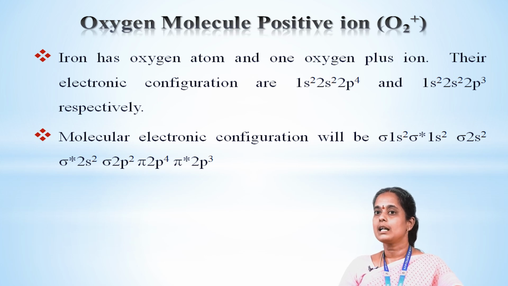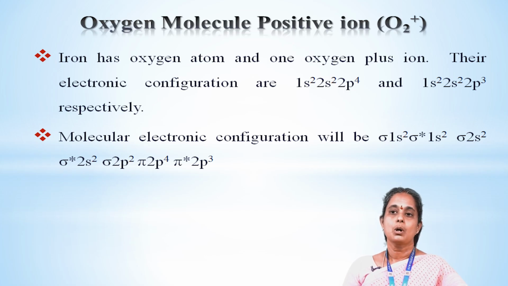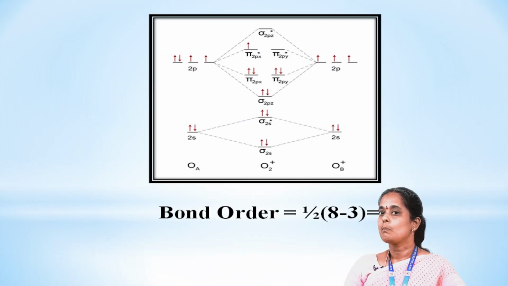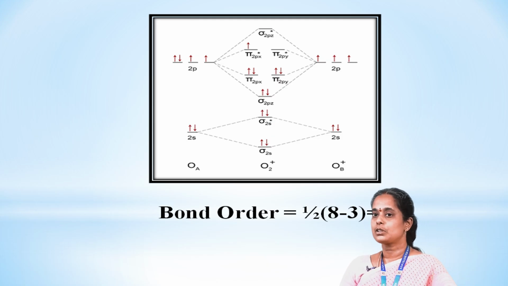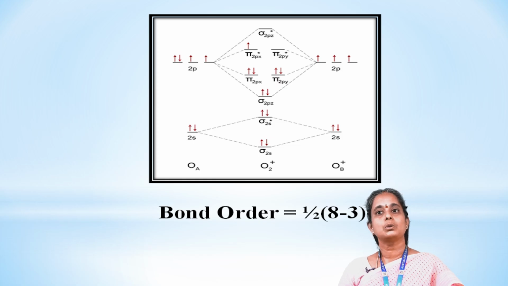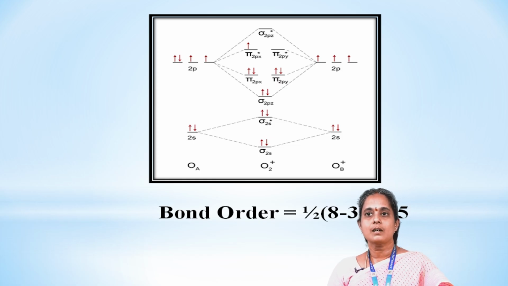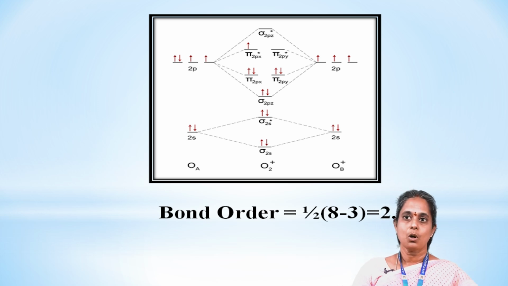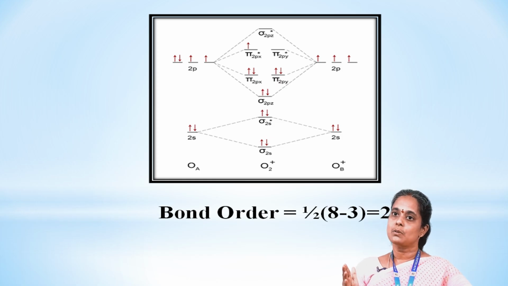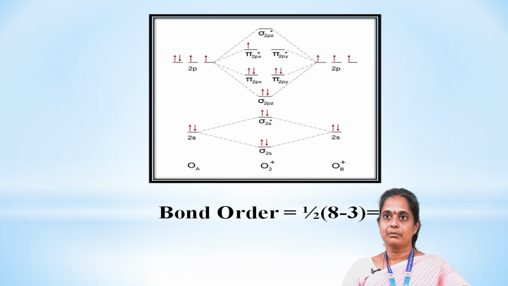So, its molecular electronic configuration will be sigma 1s2, sigma star 1s2, sigma 2s2, sigma star 2s2, pi 2p4, pi star 2p1. So, the bond order of the oxygen positive ion is half into 8 minus 3, that is equal to 2.5. So, the oxygen molecule bond order is 2, the oxygen negative ion bond order is 1.5, and the oxygen positive ion bond order is 2.5.